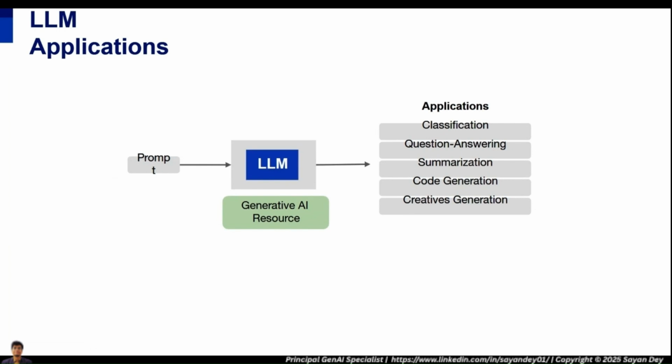We can look at the problem, and based on the text, the model can classify the category the ticket belongs to. So these are all examples of classification problems.